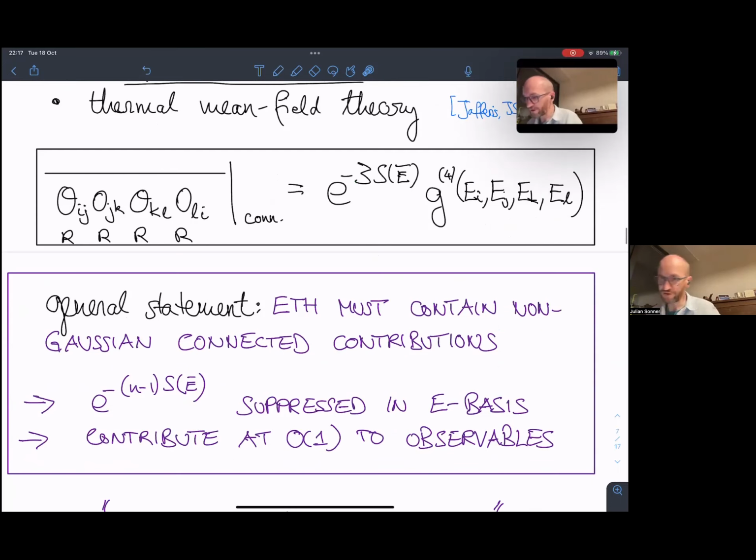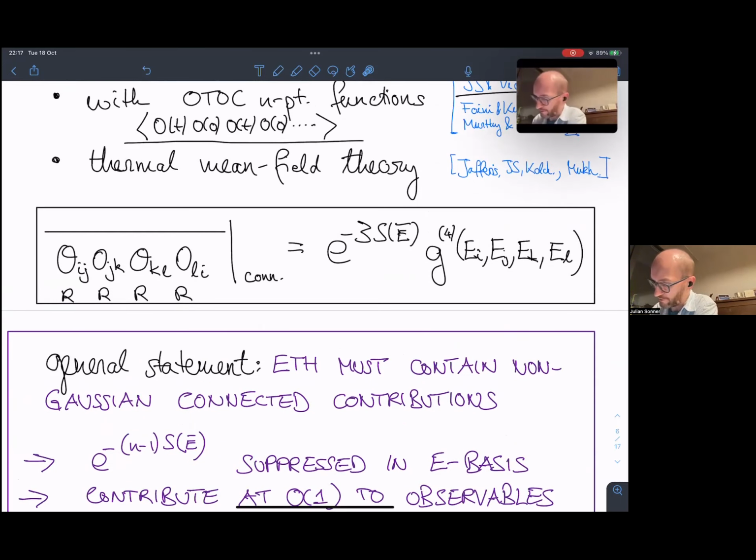For the OTOC four-point function, you conclude that you must have a non-trivial connected contribution, which is given by not e^(-S/2) as in the original ansatz, but it has to be suppressed by e^(-3S). Then there's some smooth function that depends on all four energies, E_i, E_j, E_k, and E_l. This thing contains the information about the OTOC. The OTOC lives here.